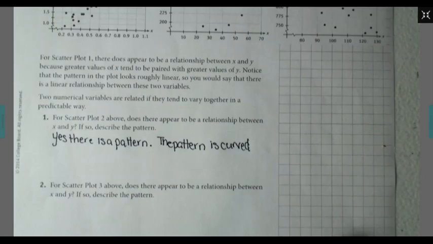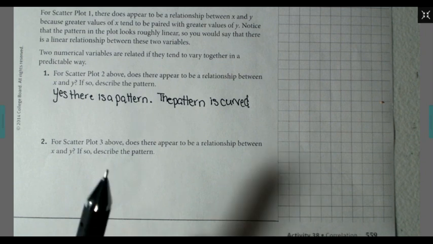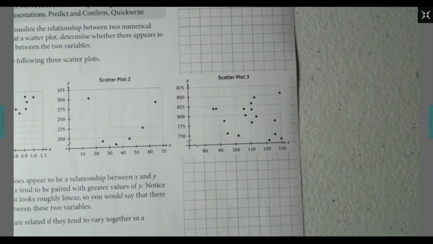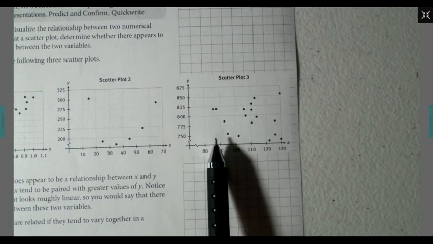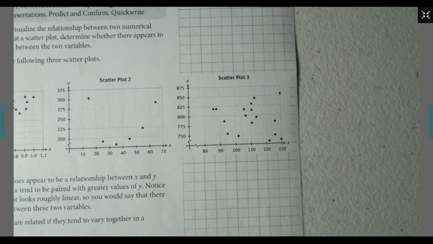Okay, let's take a look at number 2. For scatter plot number 3 above, does there appear to be a relationship between x and y? If so, describe the pattern. As we look at x, y in scatter plot number 3, can we determine that as x increases, y increases?